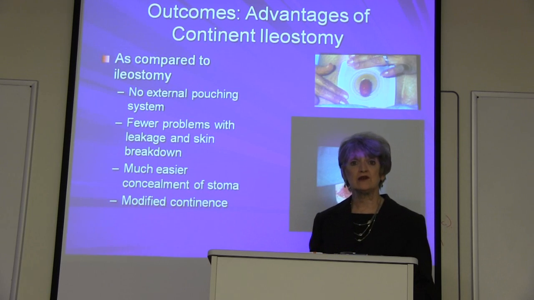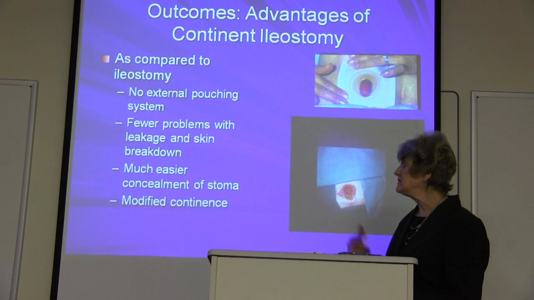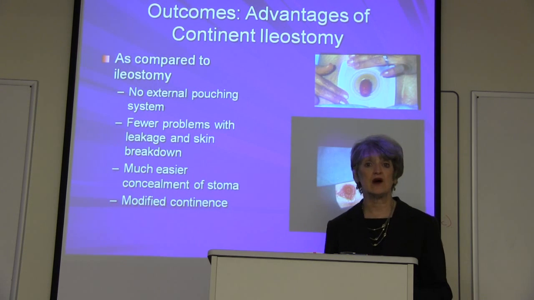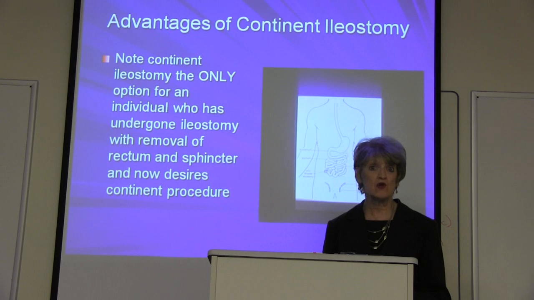Much easier to conceal the stoma, because the stoma with a continent ileostomy is flat to the skin, and they just wear a very flat cover over the stoma. And they essentially have modified continence. So they have output when they put the catheter in, but the rest of the time the stool is retained within the reservoir. So are there any negatives?